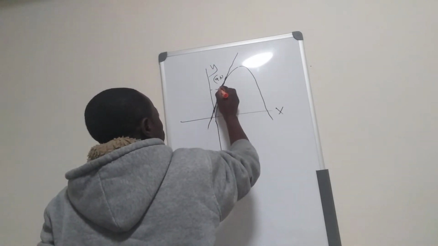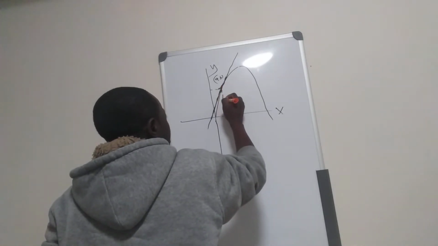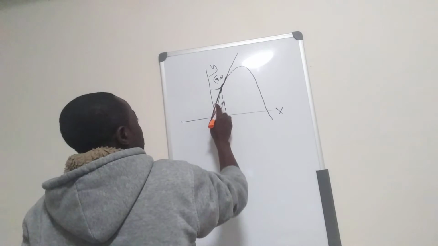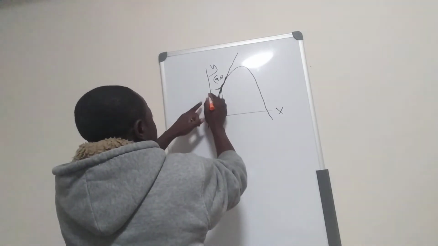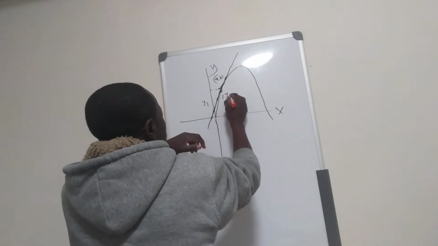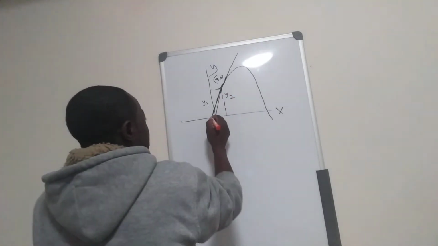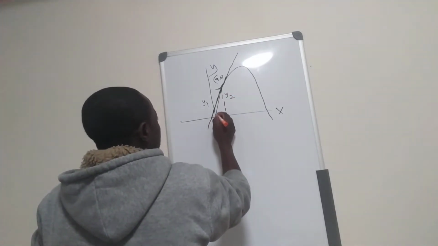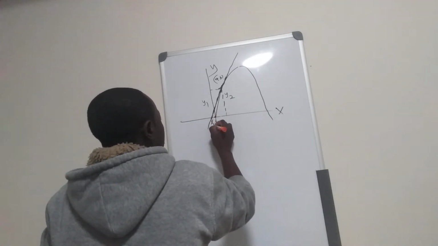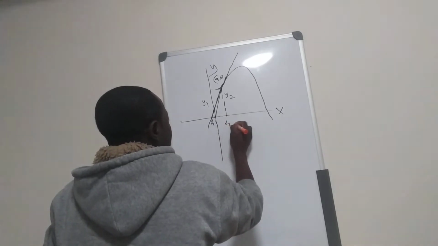Where it touches the point, you trace it down. So the first line here, I can say y1, and then here I can say y2. Now down here, let's say x1, and then here x2.